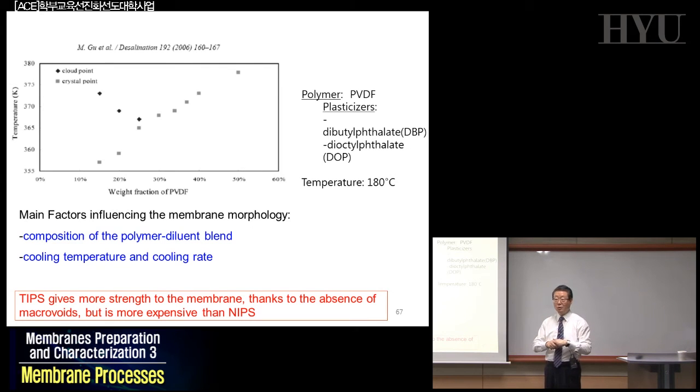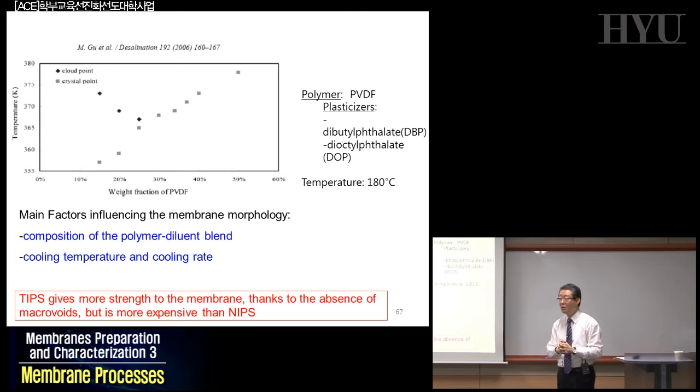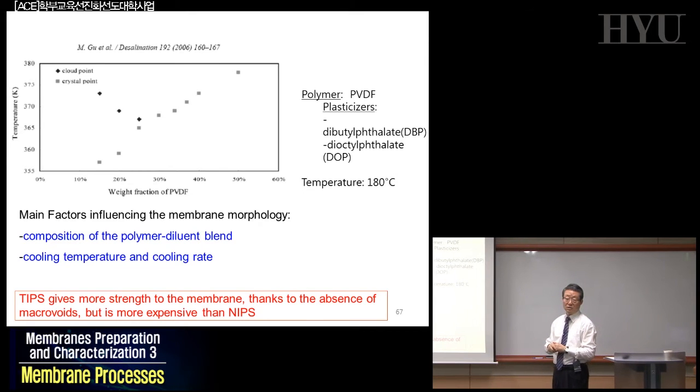Even the wraps could be made using this technology. But be careful that DOP and DBP are carcinogens. Okay? So they were banned a long time ago, but still, a large number of small industries still use DOP and DBP in many cases.